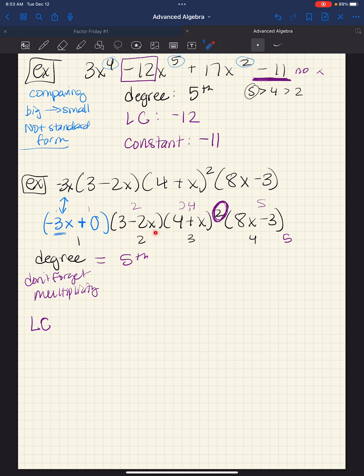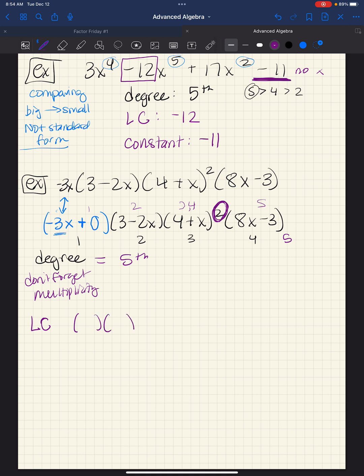If I'm looking at these two pairs right here, because they're just conveniently next to each other, if I were to do the firsts, I would be doing the degrees of each binomial. The degree of 3 minus 2x is 1, so then minus 2x. It's the highest power of x. This is the first. It will multiply with x. So every single time, all of these firsts are going to multiply together. So we can just ignore the x and take the number, since leading coefficient is only a number.